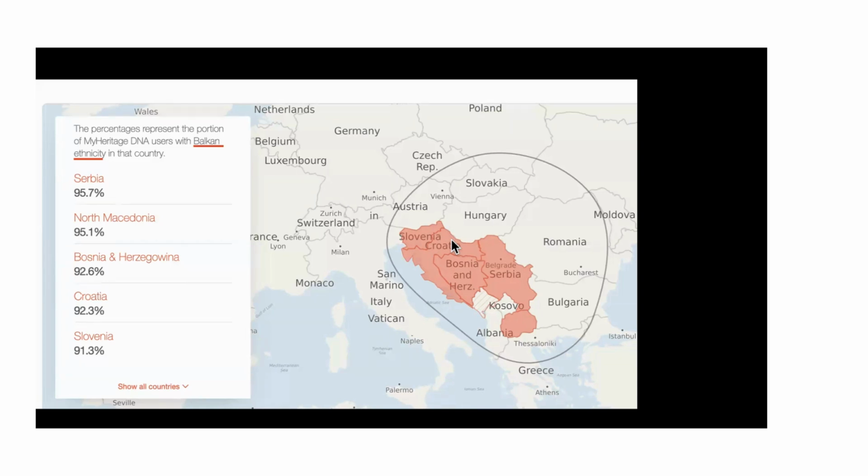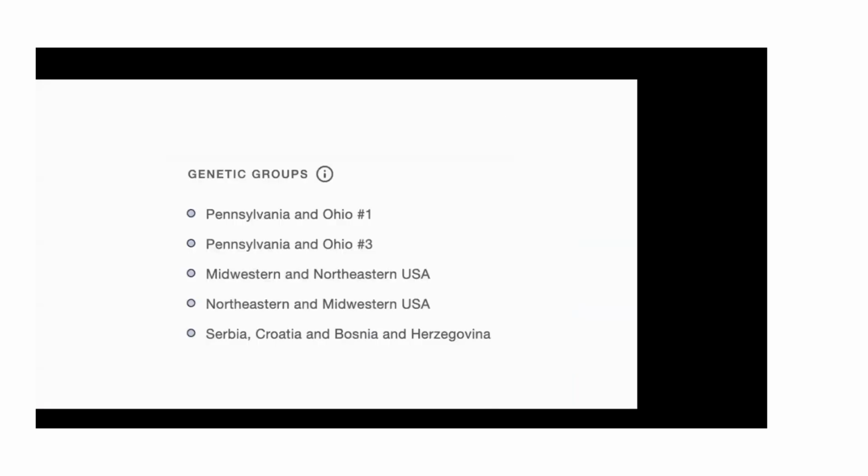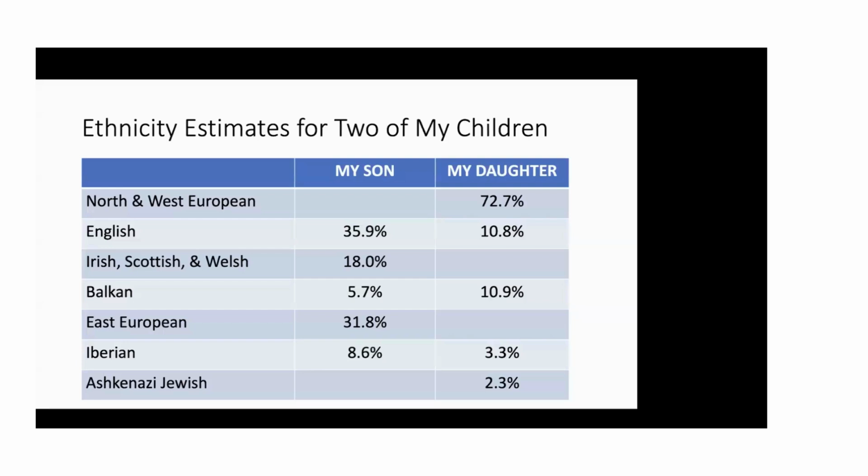And there are 5 countries all clustered together on the Balkan Peninsula, where more than 90% of the population has some Balkan ethnicity. Let's back up here. There we go.